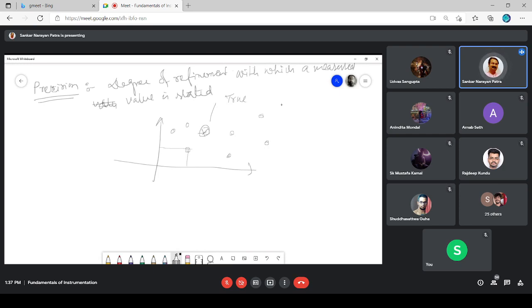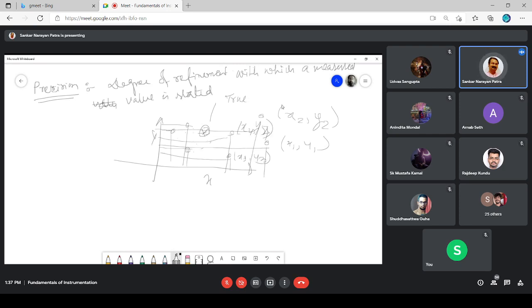So if you got this, every point has an x value and y value: x1, y1, x2, y2, x3, y3, x4, y4, and so on.